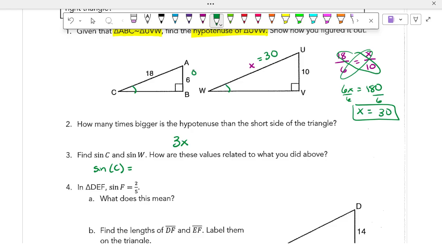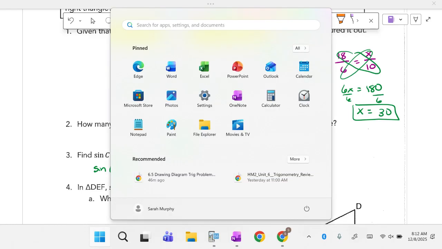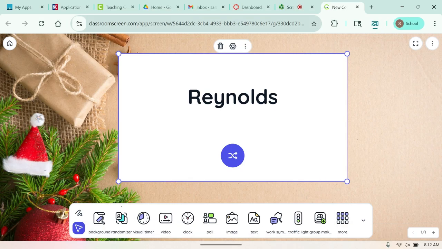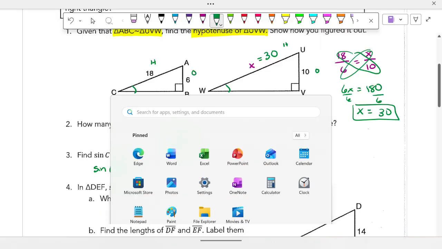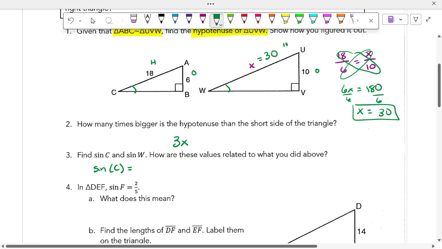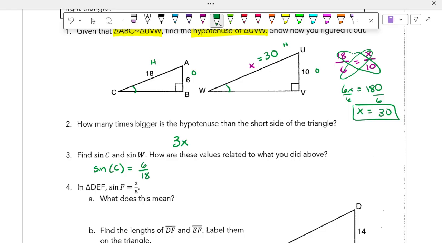So both of these are opposite hypotenuse, opposite hypotenuse. So what is the ratio for sine of C? Let's go Reagan. 6 over 18. Now, if we simplified 6 over 18, what would that give us? 1/3.